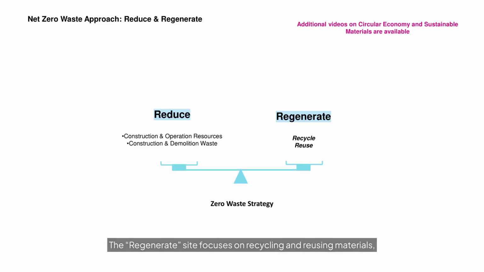The regenerate side focuses on recycling and reusing materials, such as salvaging C&D waste, repurposing building modules and systems, and implementing adaptive reuse techniques to transform old, low-performing buildings into sustainable, innovative buildings. Net zero waste design incorporates a waste-free, closed-loop system where waste becomes valuable resources, supporting the circularity goal.